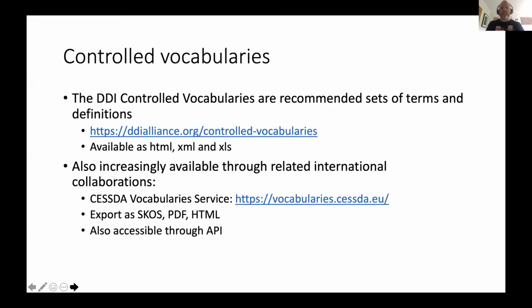The controlled vocabularies that DDI has are terms and definitions for things like particularly around describing collections, describing methods, and the like. So there's a series of them.